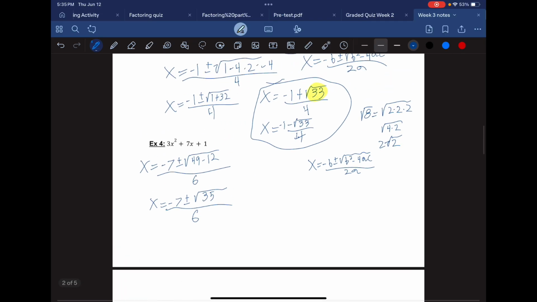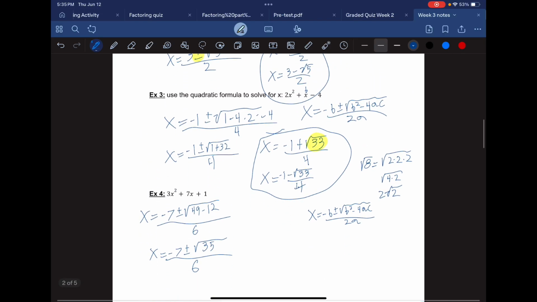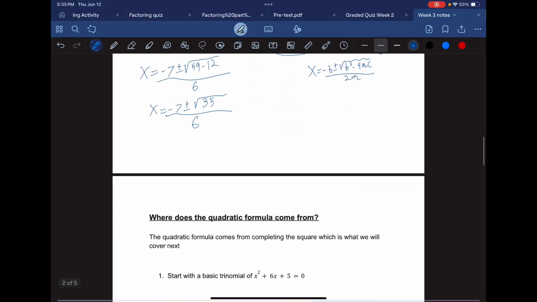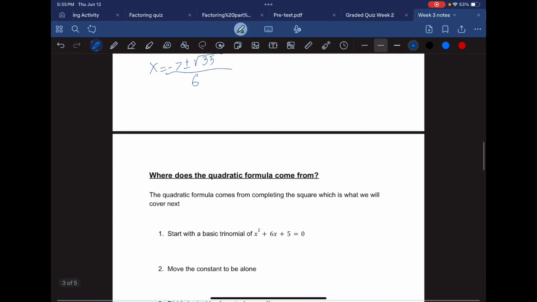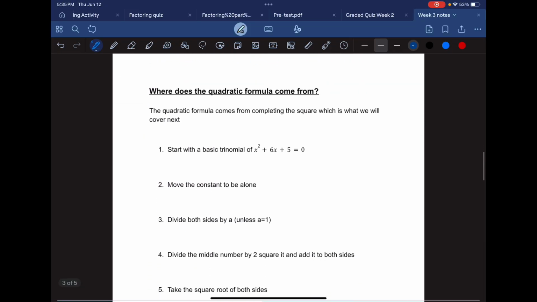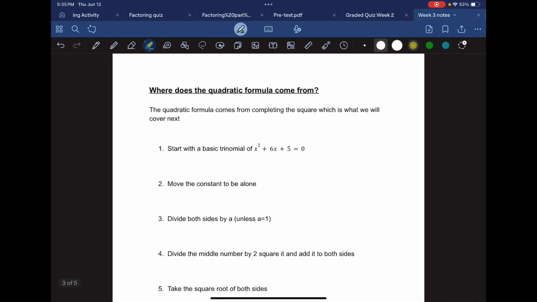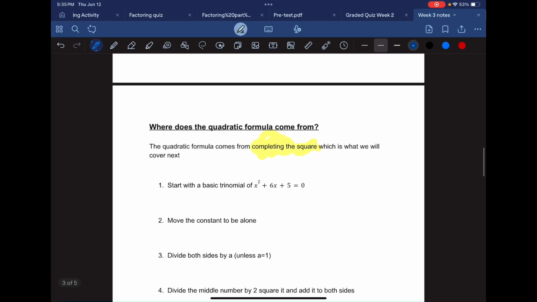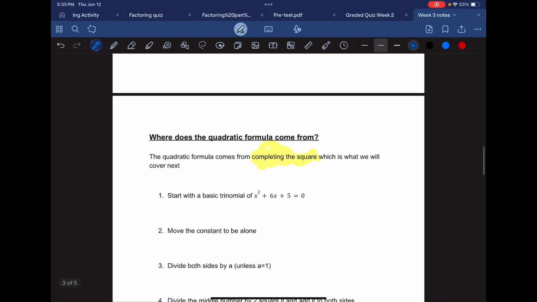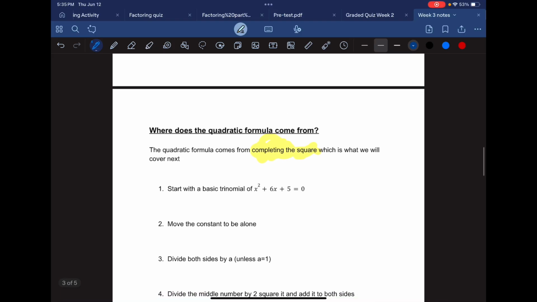Okay, so now we know the quadratic formula, but where does the quadratic formula come from? The quadratic formula comes from completing the square, which I promise is a very, very important skill that will make your life so much easier. It makes manipulating algebraic equations so simple.